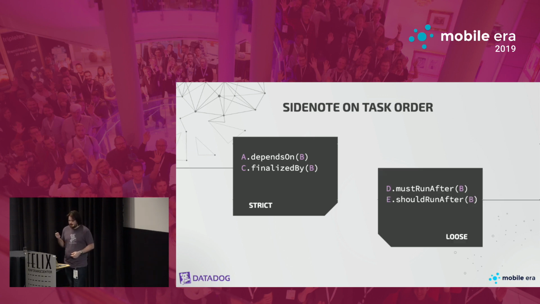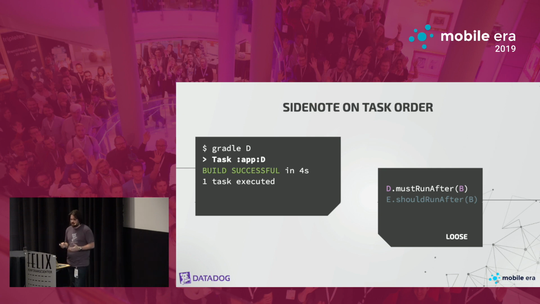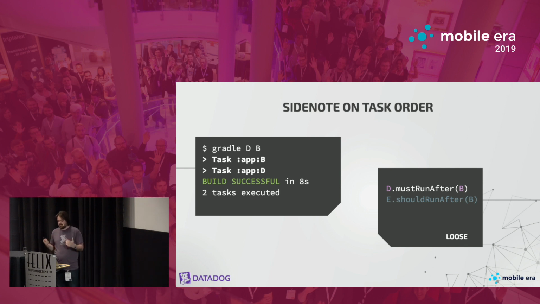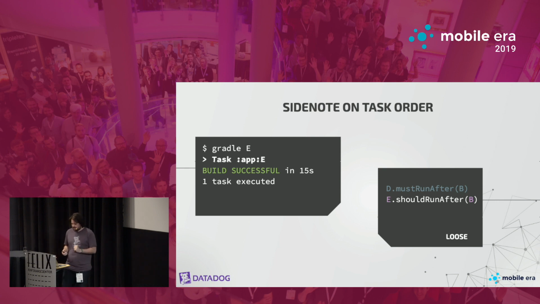The other one is the loose dependency, and this one is a bit trickier. First, mustRunAfter means that if both tasks are in your list of tasks, then they're going to be ordered with D running after B. But if you just run gradle D, like I did here, it won't run B. Only if you say you want to run D and B is it going to make sure that D runs after B. The shouldRunAfter is a bit different.